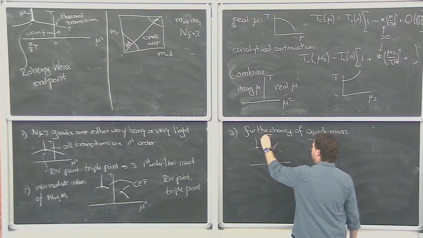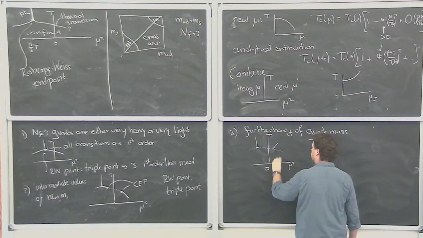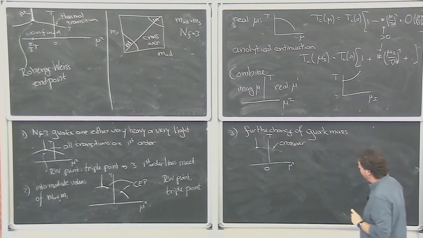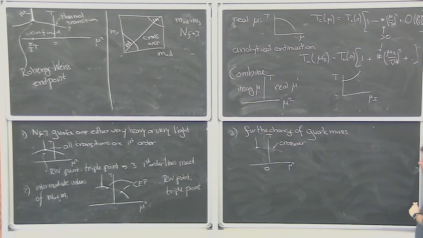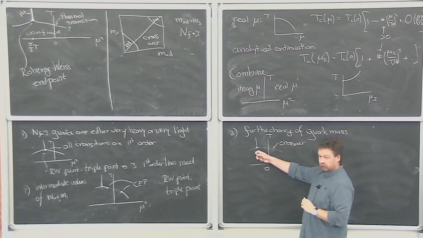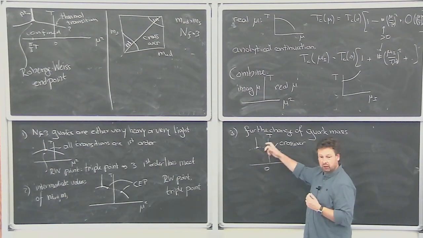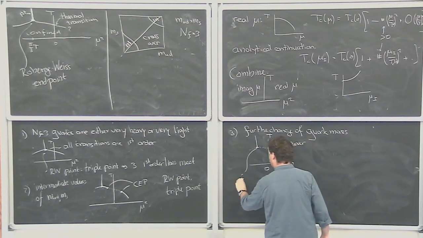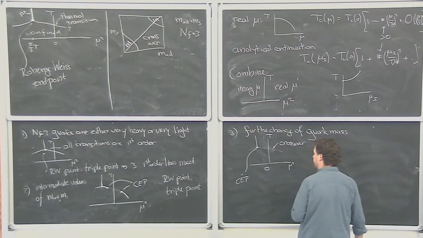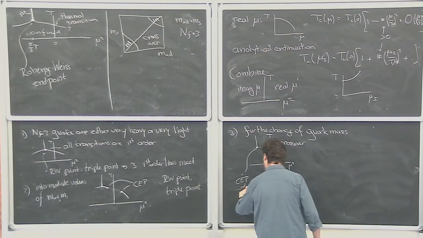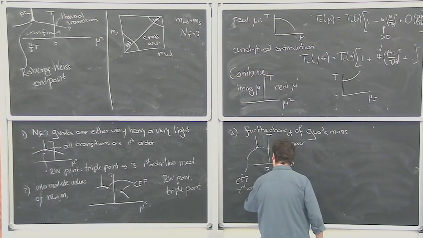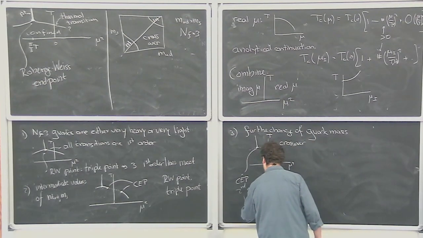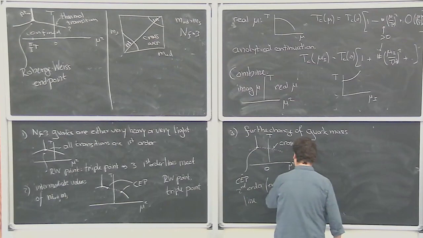So we have thermal crossover for all values of mu. And in that case, this Roberge-Weiss point is a critical endpoint, because it's the end of a line of first order phase transitions. So this is a critical endpoint, which is second order. It's the end of a first order line.